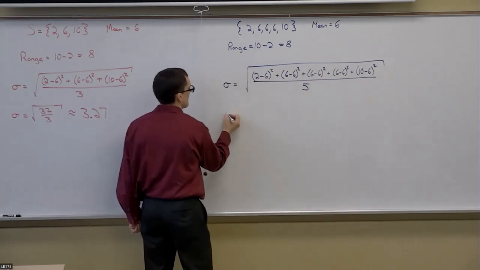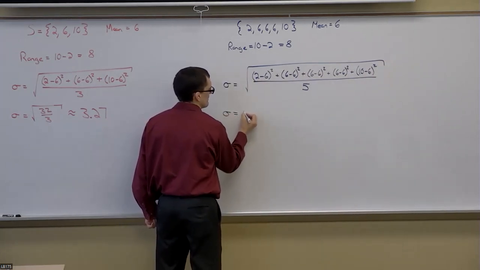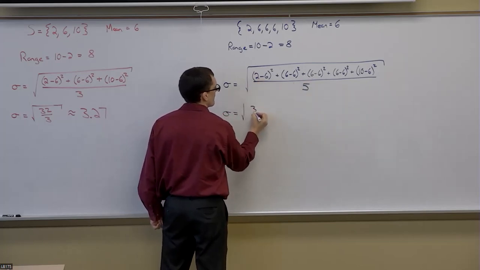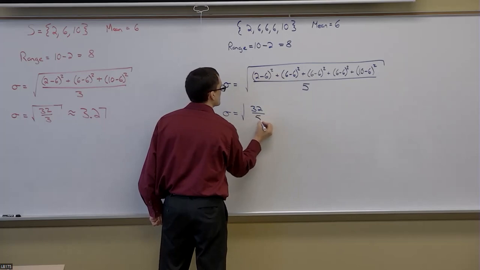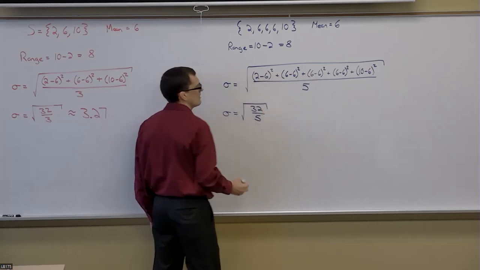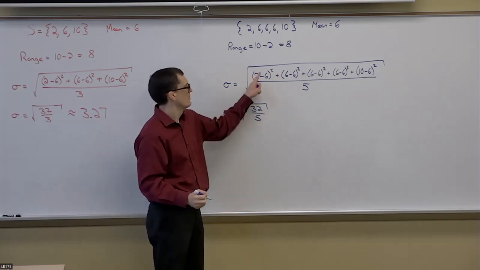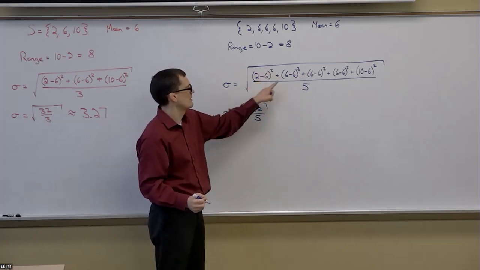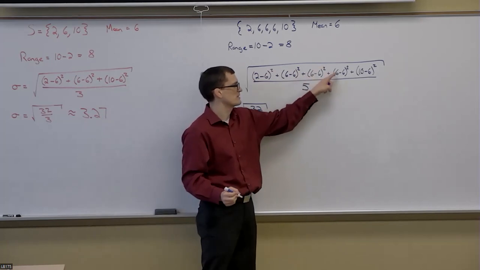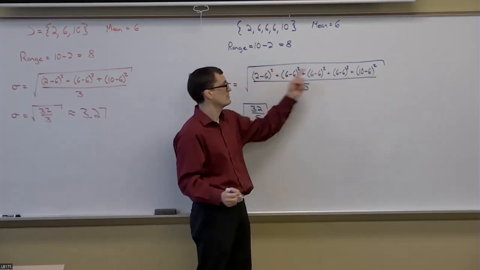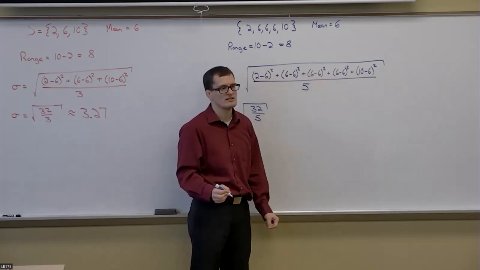Now, like I said, what I tend to do is type in my numerator. In this case, my numerator comes out to 32, because that's 4 squared, 0 squared, 0 squared, 0 squared, another 4 squared. So 4 squared plus 4 squared, essentially.